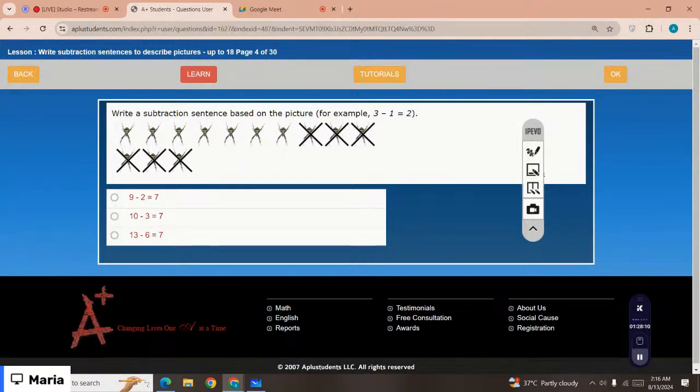That is 13 take away 6 equals 7. Option number 3 is the correct option.